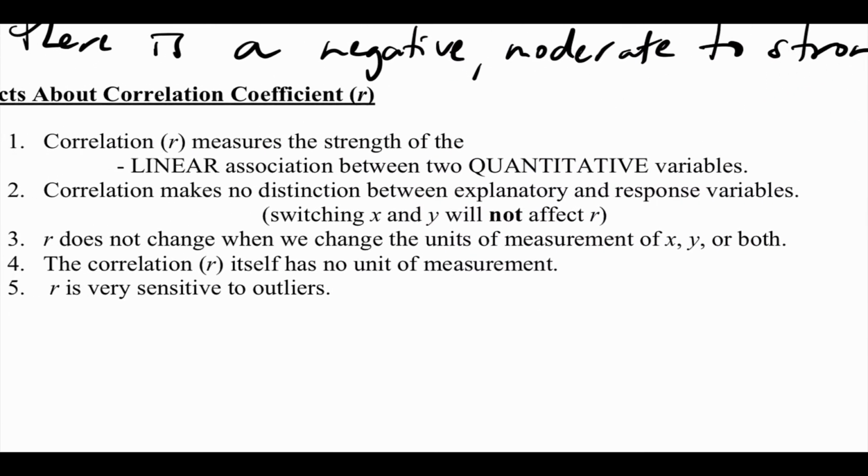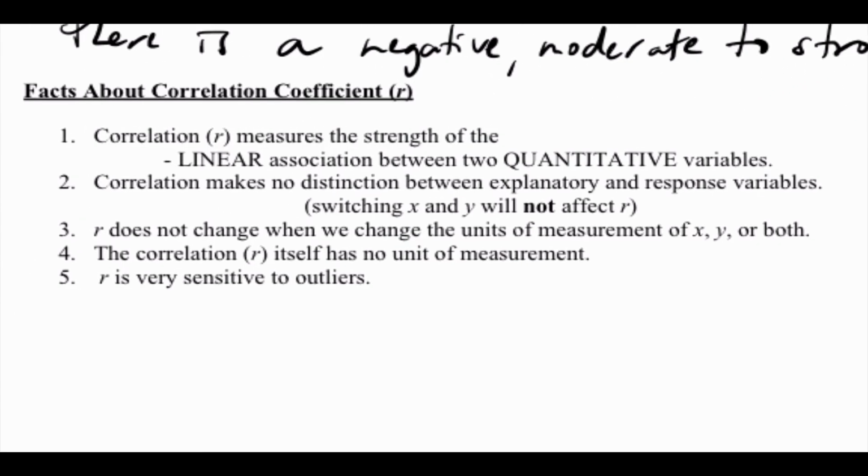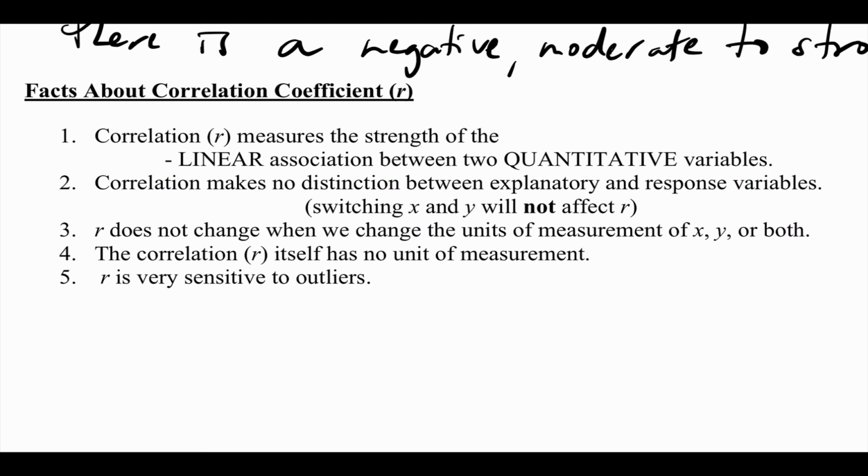So right here, we didn't get a chance to talk about this. Okay, so R, correlation, measures the strength of the linear association between two quantitative variables. Has to be quantitative. What is quantitative again?